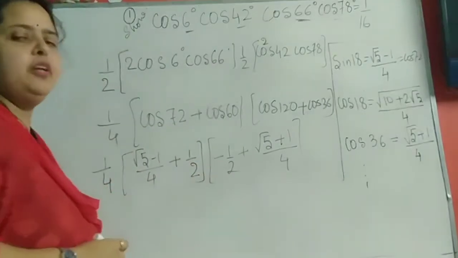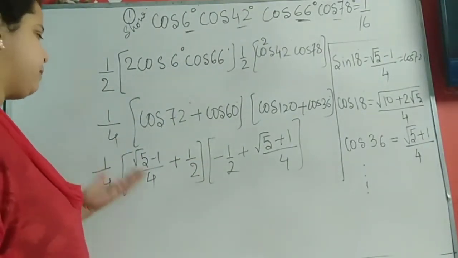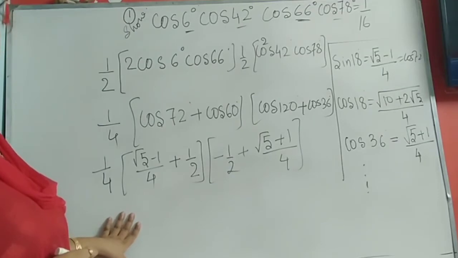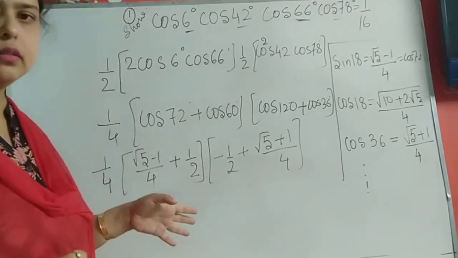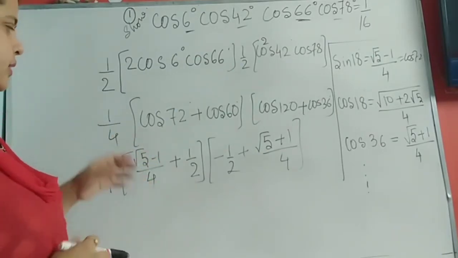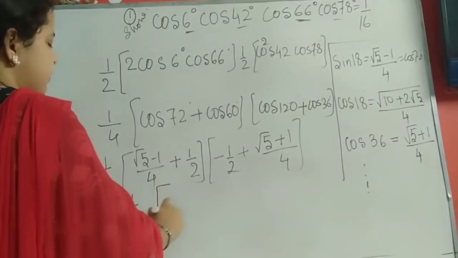But during examination you have to learn all of them, otherwise it's a big problem for you. Now you can all see what I am getting here. Now you have to go on calculating this part, and you will be getting that required answer, but before that, let us simplify this.